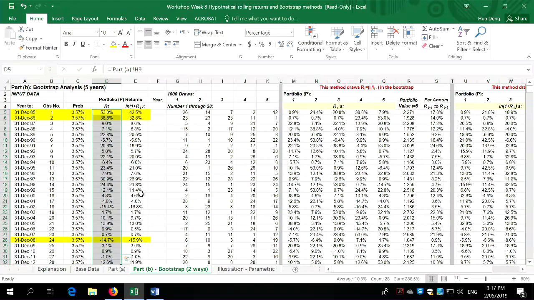Something I would like to remind you is that, in these portfolio returns, you will see I have highlighted a few returns of 53%, 38%, and the global financial crisis of negative 15%. So how do we look at these so-called extreme returns in the history? Are they outliers? Shall I get rid of them or replace them with a historical average?